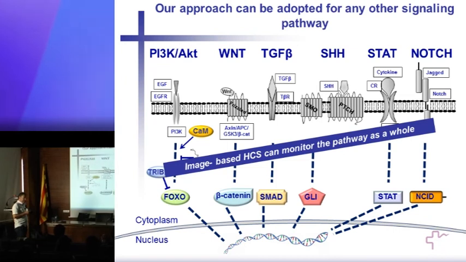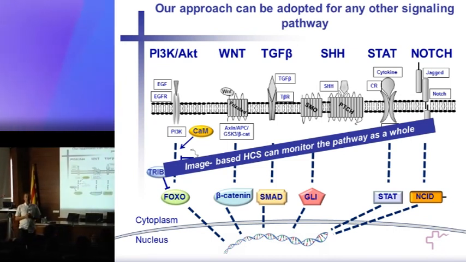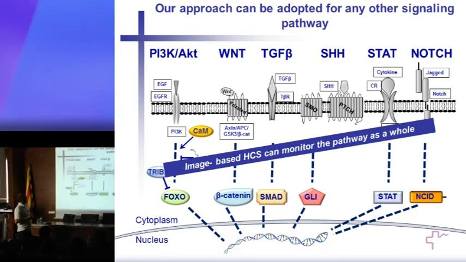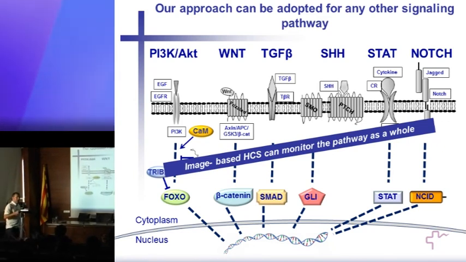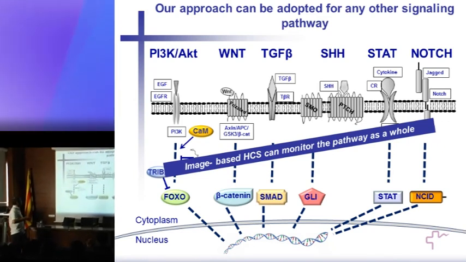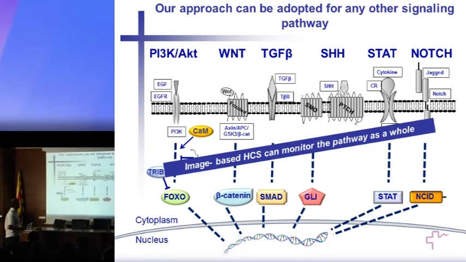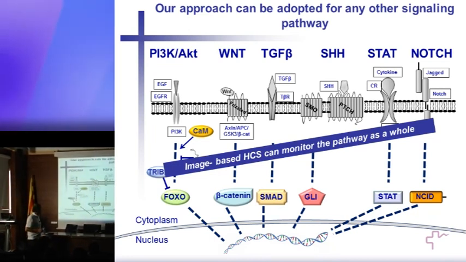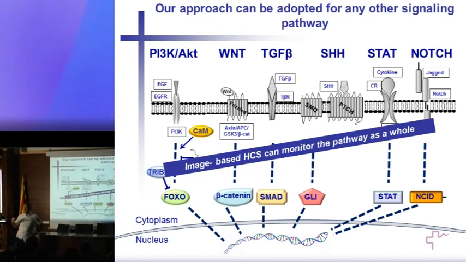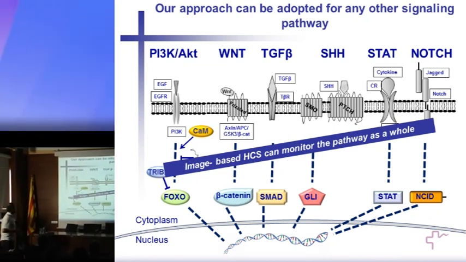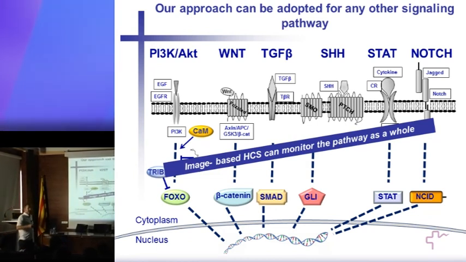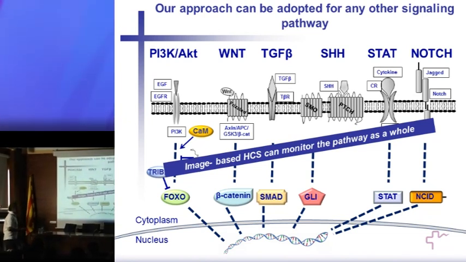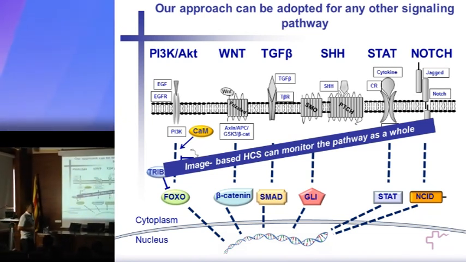In fact, virtually all the major signaling pathways associated with cancer culminate in a translocation step of downstream signaling molecules. Here are just a few examples. And as I demonstrated, these translocation steps can be monitored using image-based high-content screening at single-cell level in large-scale experiments, and thereby you can monitor the signaling pathway as a whole.